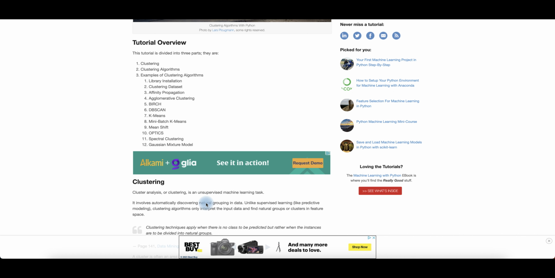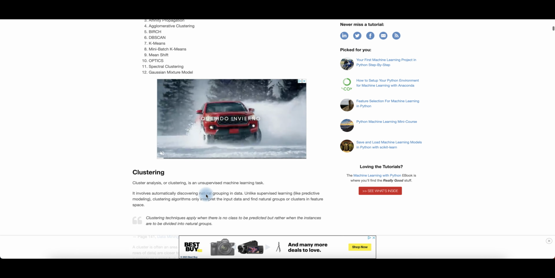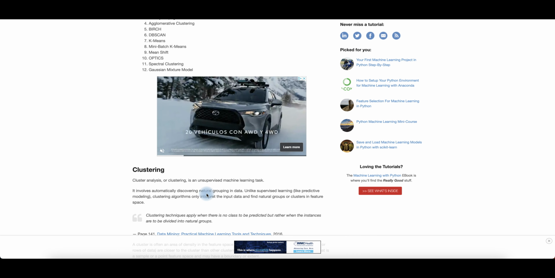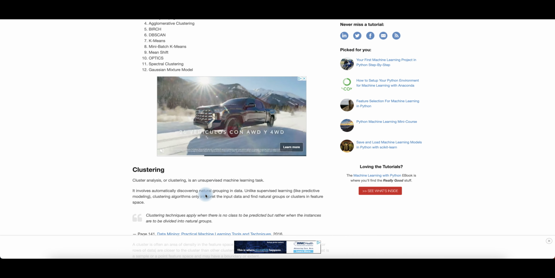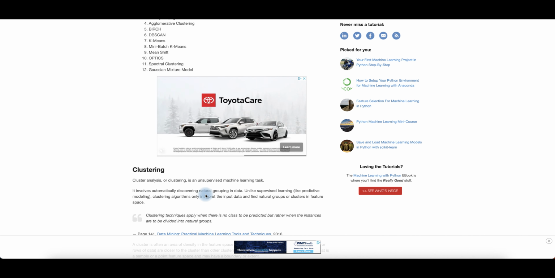So they got all these acronyms below, and we know that clustering is unsupervised and mainly involves discovering natural grouping in data. Unlike supervised learning, in which you have predictive modeling, clustering algorithms only interpret the input data and find natural groups or clusters in the feature space.